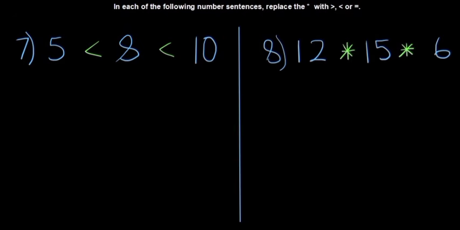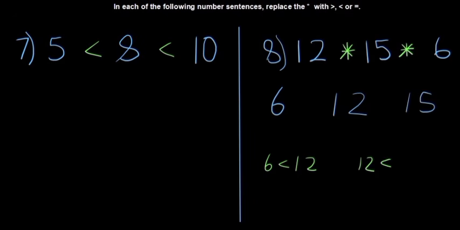To compare number 8, we need to order the numbers from the smallest to the largest. Again, we know that 6 is less than a 12, and a 12 is less than 15.